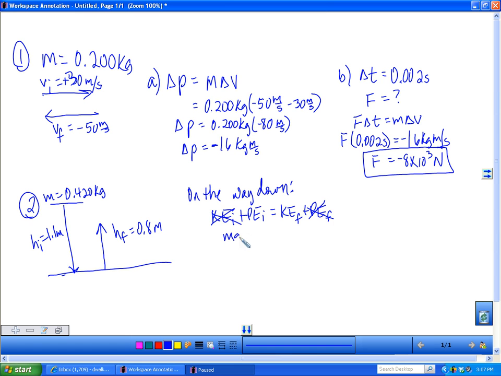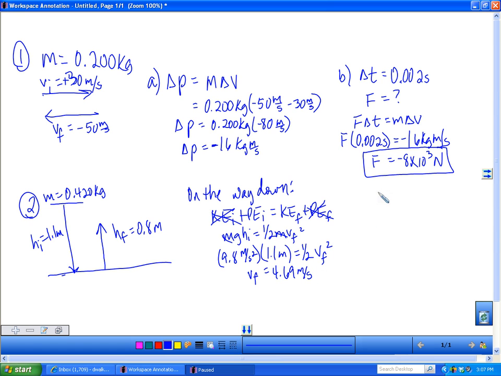So I have m g h initial equals 1/2 m v final squared. So gravity, 1.1 meters is equal to 1/2 v final squared. And when I did that, I got the speed that it hit the ground with to be 4.69 meters per second.